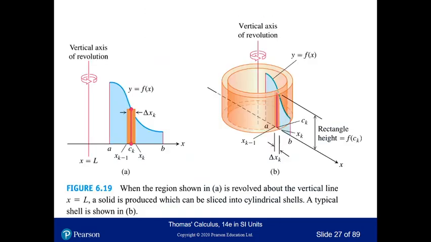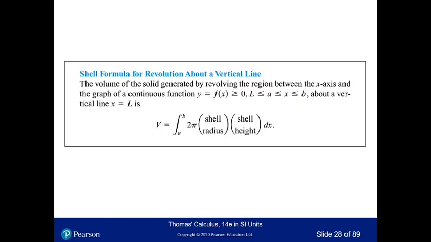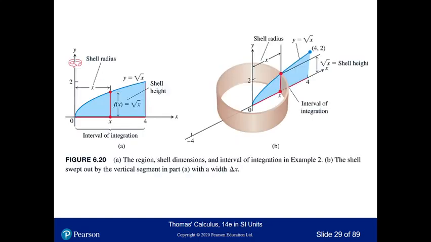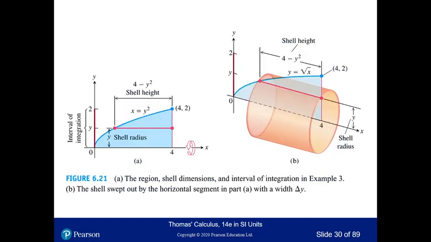If you rotate around x equal to L, you have that formula, and you integrate over x. If you rotate around y, this is going to be similar. But if you rotate around x, on the other hand, your shell is going to look like this.